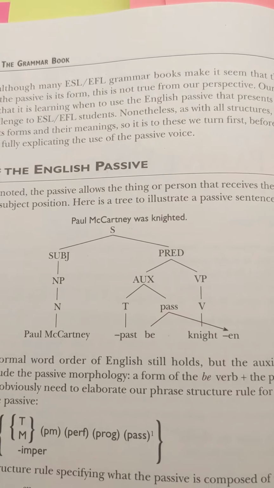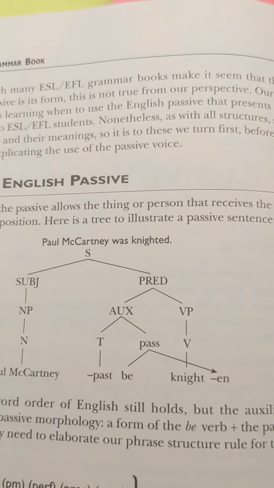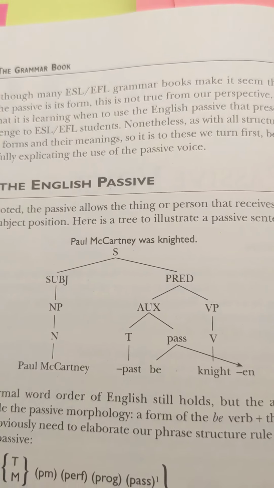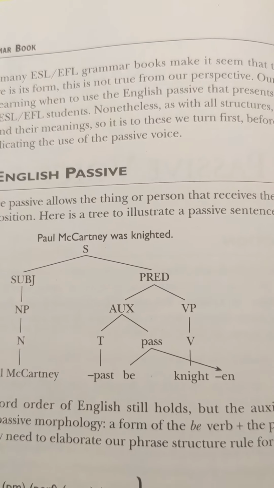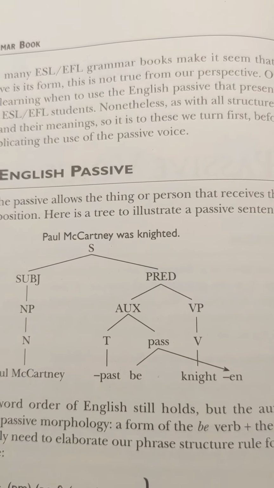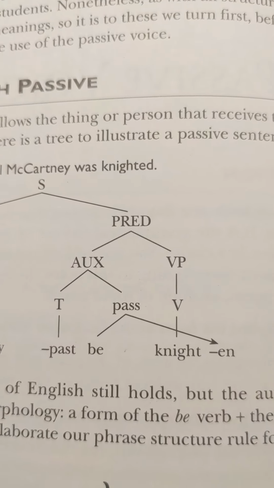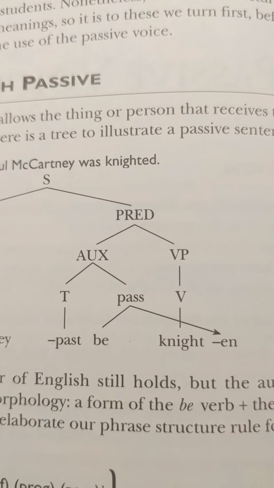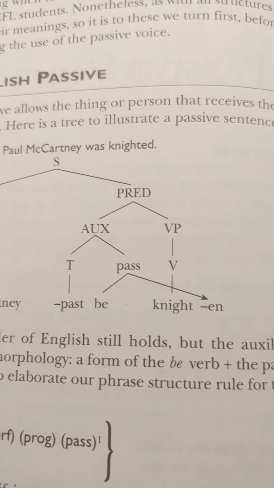So once you've identified that a sentence is passive, the only thing that you need to do as far as diagramming is to add the passive marker to the auxiliary. As you see here, it says passive or pass for passive. Other than that, it's your typical diagramming.